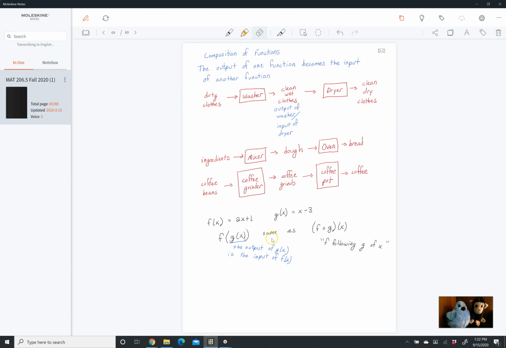Okay, it's really the same amount of writing. It's just two different ways of writing it. People like this method because when we do other things in mathematics, this word following, this little circle that you see here, that's used in other areas of mathematics too.